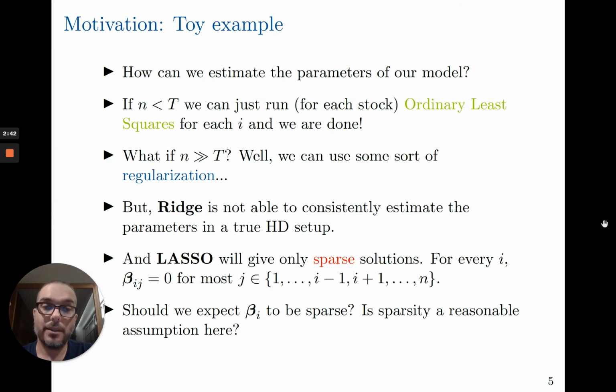Is sparsity a reasonable assumption here? How can we overcome these restrictions of sparsity? Of course, we can use elastic net, but still, although we allow for more variables than observations, elastic net still induces sparsity.